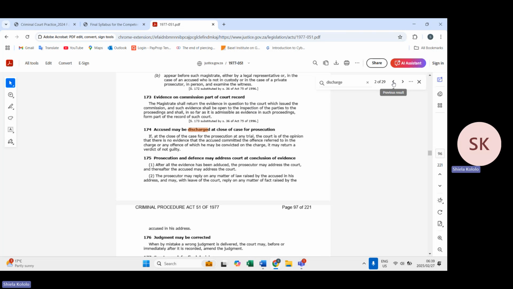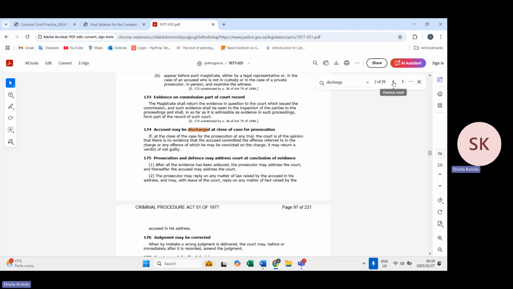Let's say we've got a case against the accused person saying he was at the crime scene, but there's no evidence linking them directly to the crime, for instance your fingerprints, your DNA, eyewitnesses. At this stage the accused may be entitled to request a section 174 discharge, because you can't even place me at the scene. Like, how is it that I did this?